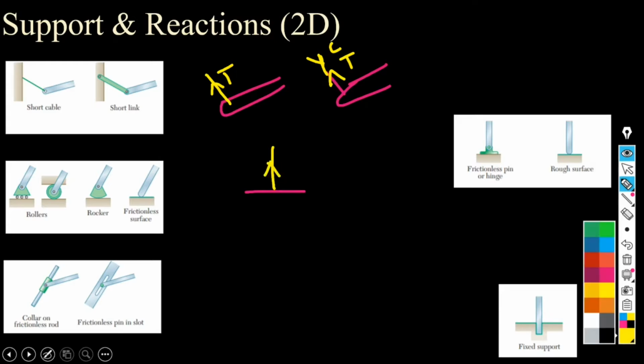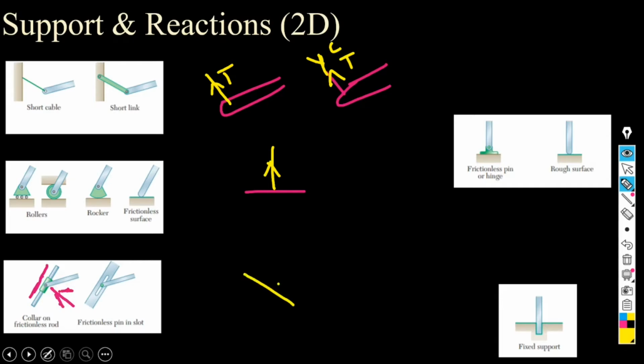A collar on a frictionless rod or frictionless pin in a slot cannot resist any force in this direction. It can only resist the force normal to this direction, so the corresponding reaction force will be shown like this. The frictionless pin or hinge cannot resist the moment, but it can resist the vertical force as well as the axial force.